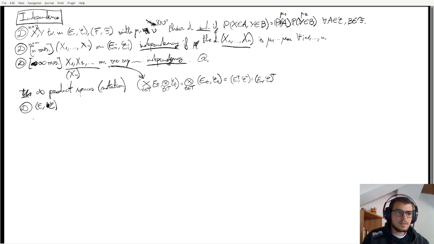Anyway, consider this measurable space, and then an arbitrary index set, which we call capital T, and can be countable or uncountable. Now let X_t be a random variable taking values in this space.